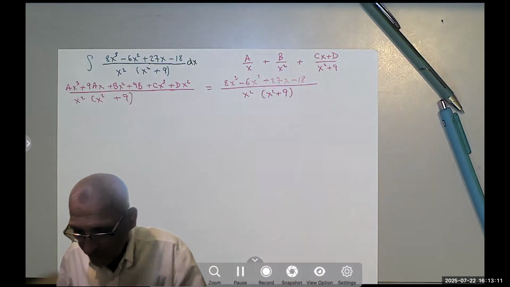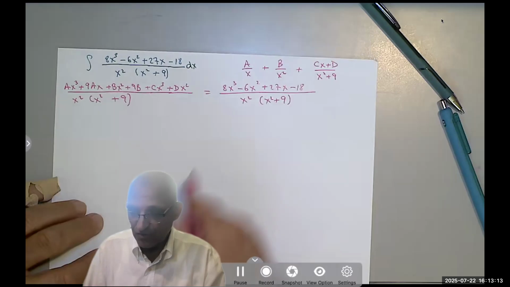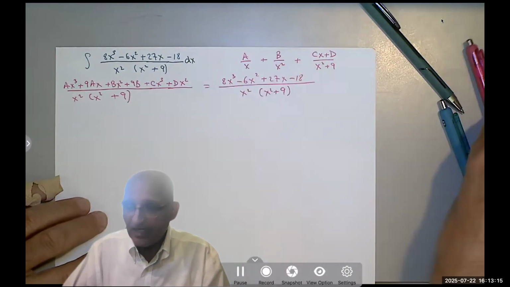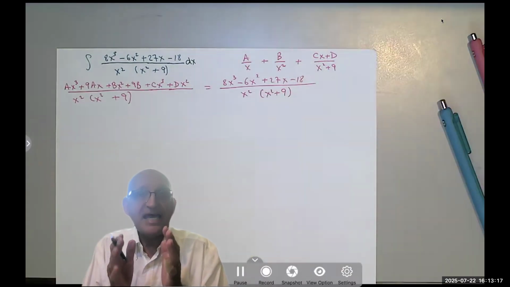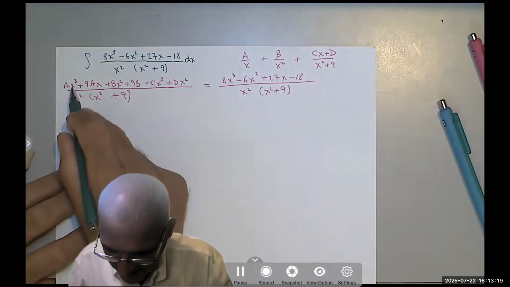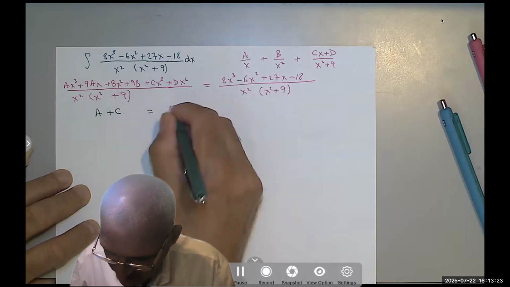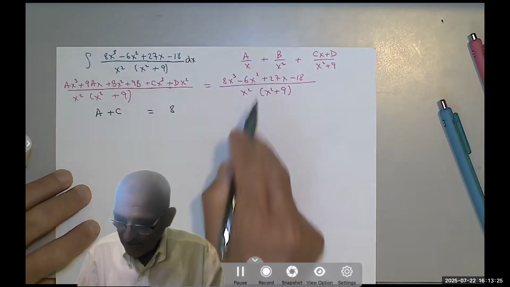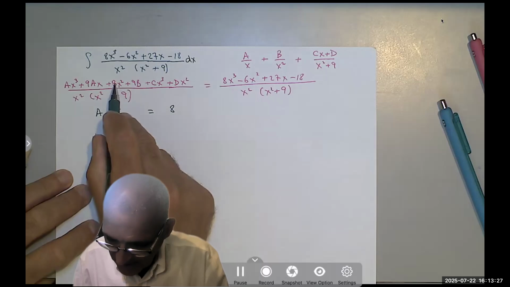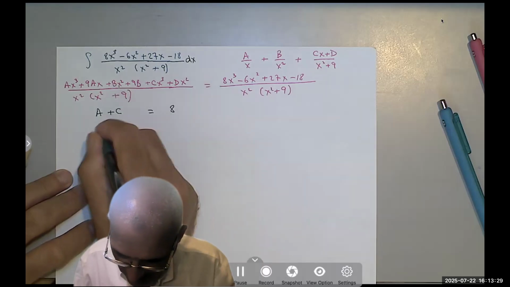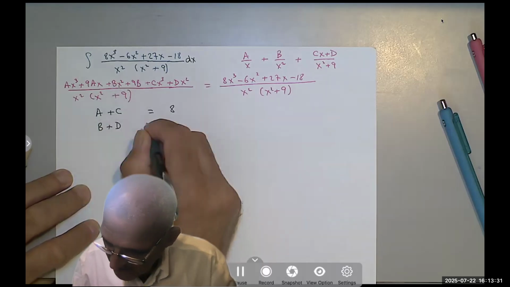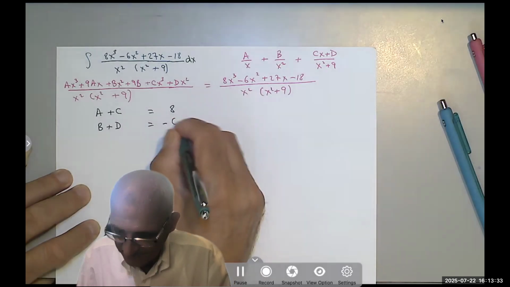So now I have 4 equations in 4 unknowns to solve for a, b, c, and d. So let's equate the x cubed coefficient. a plus c equals 8. Then I look at the x squared. I have a b and a d. So b plus d equals negative 6.